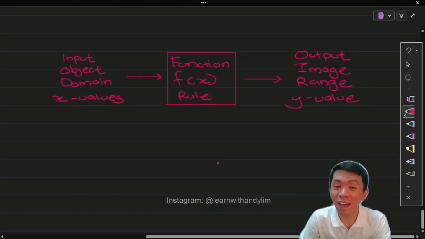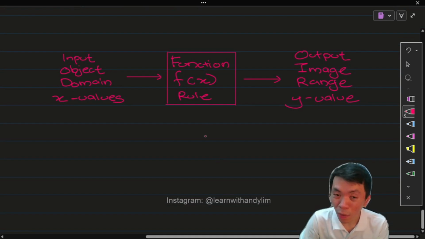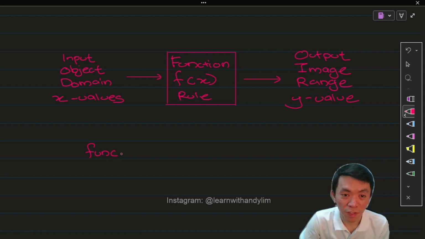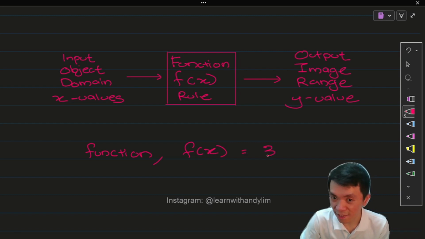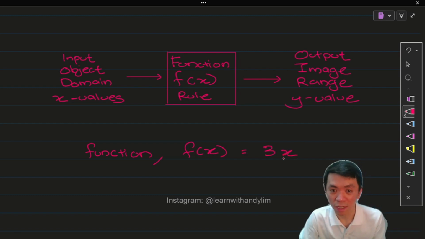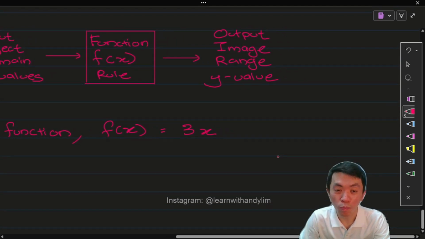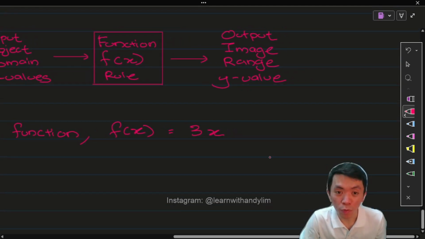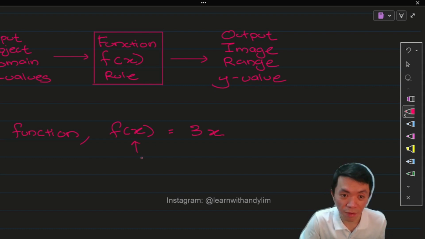Let's see one easy example of a function. I'm just gonna put here the function f of x equal to 3x. So what happened here? If I were to put my input to be 1, then I'm just gonna substitute it right here.